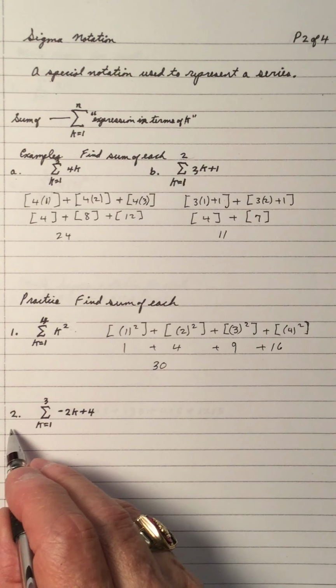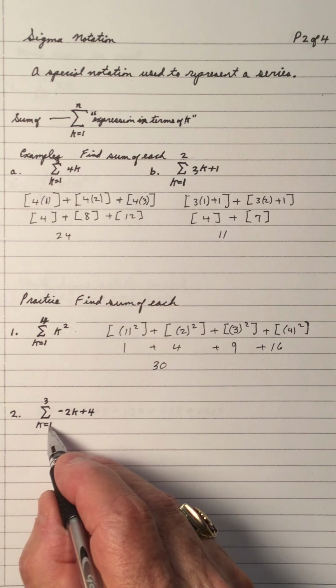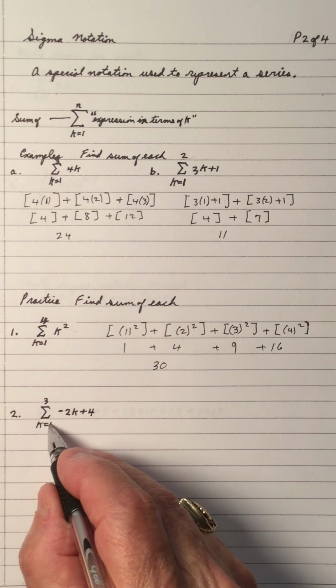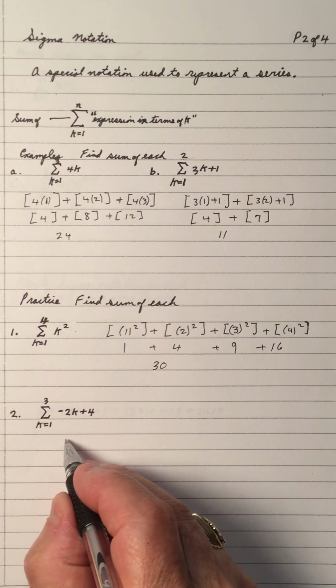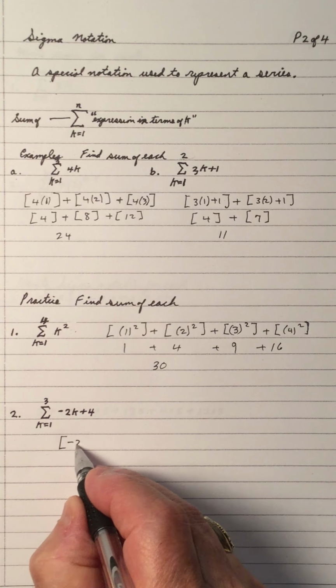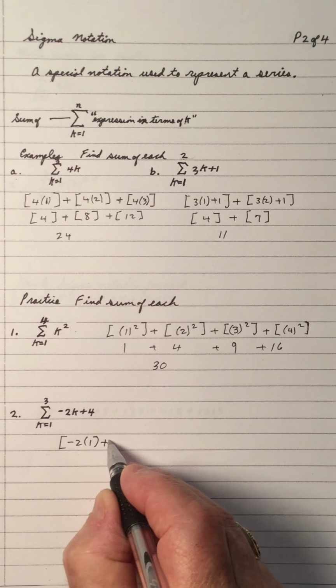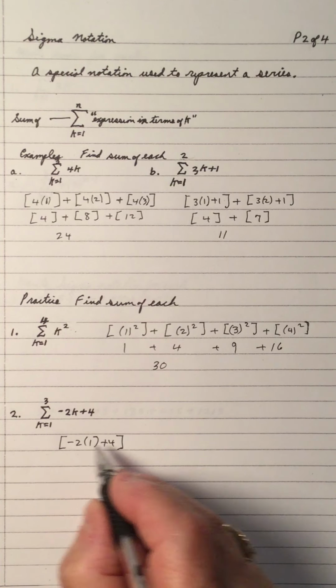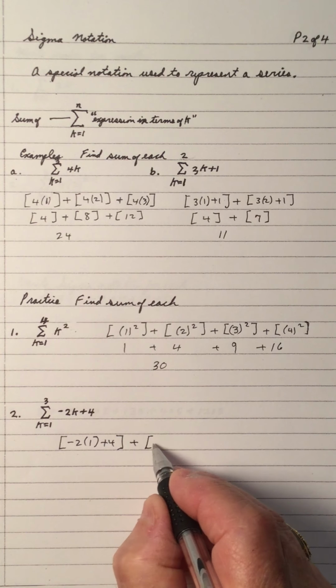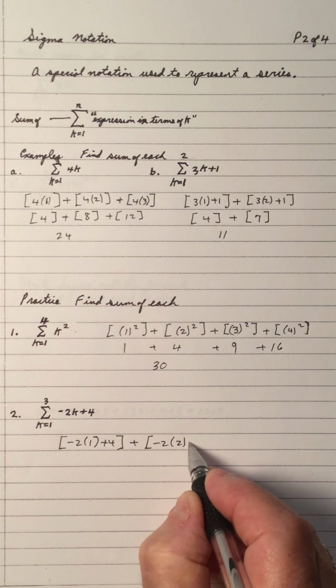And number 2, again we have K is 1, 2, and 3. It starts at 1 and goes to 3. I'm going to use a square bracket so we won't get it mixed up with the smaller brackets. So there's K is 1 going in, add on. Now I'm going to substitute K is 2.